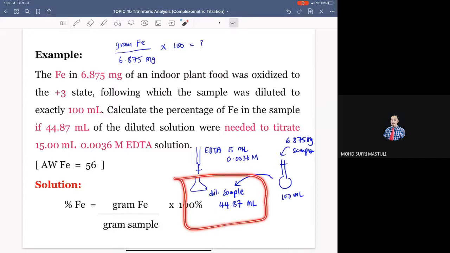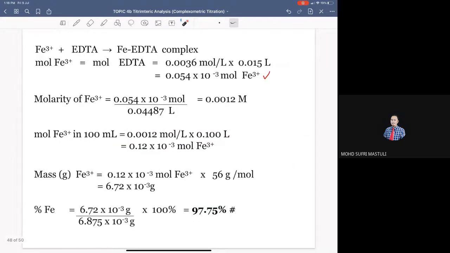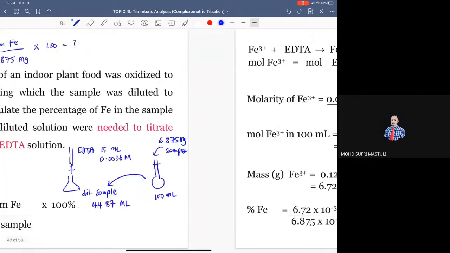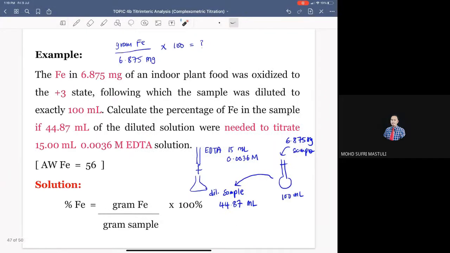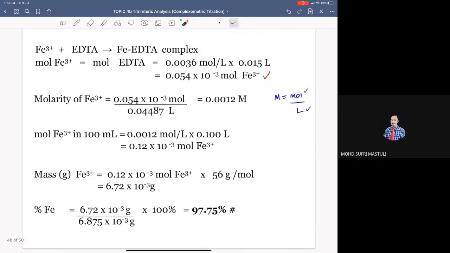in this diluted sample. Okay, so molarity is mole per liter. We know the mole number of Fe already, and then we know the volume of sample in the aluminum flask, 44.87.